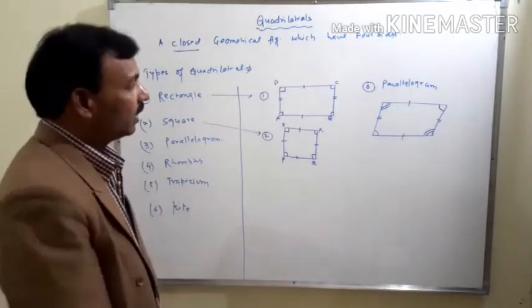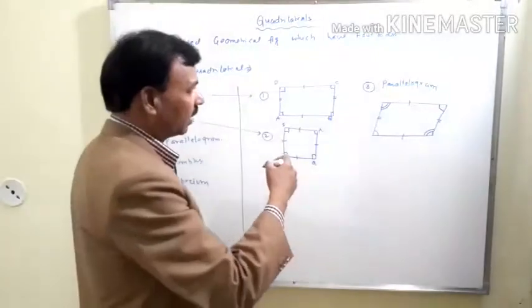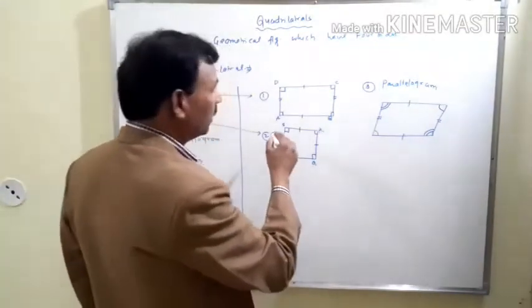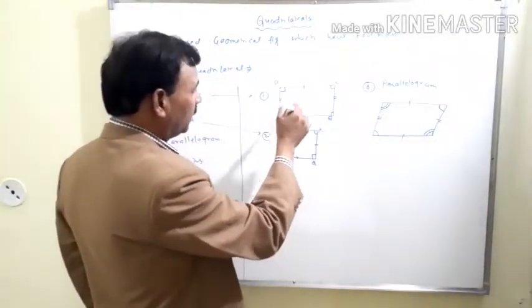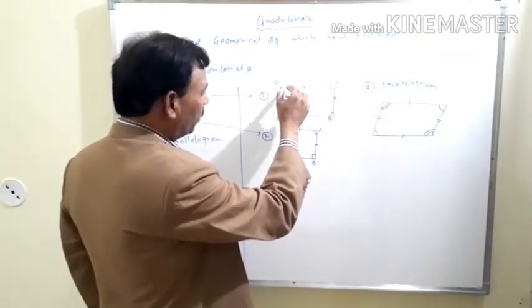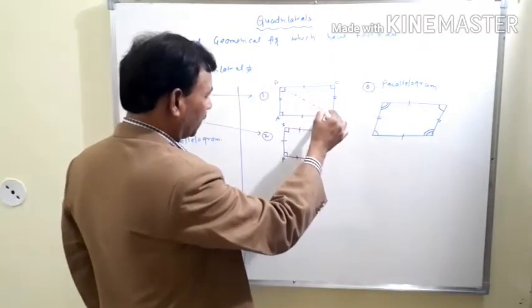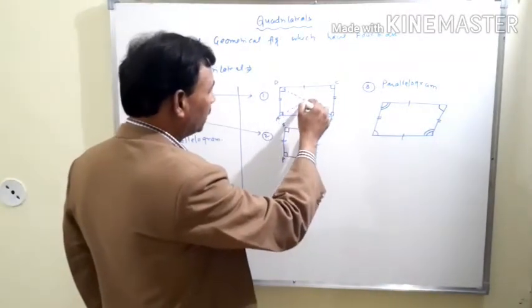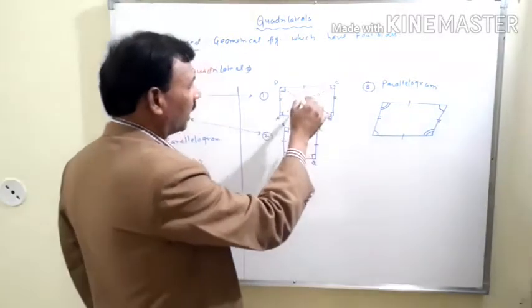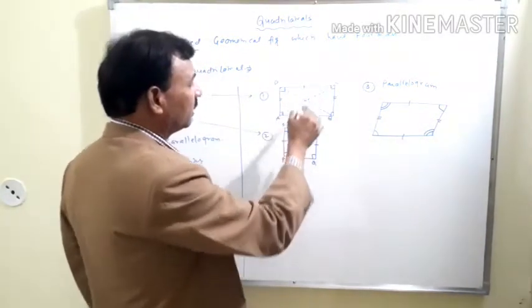In these figures, one thing you should be clear about. In the rectangle, both diagonals are equal in length and they bisect each other.